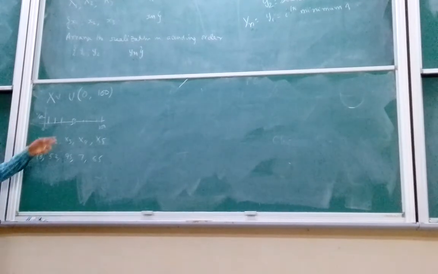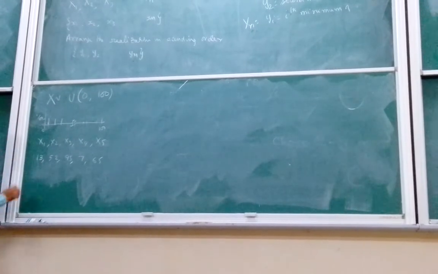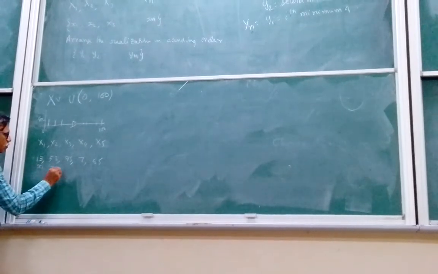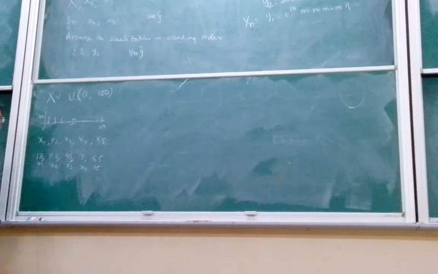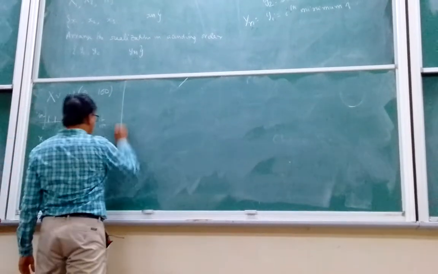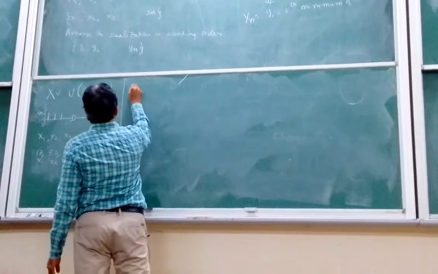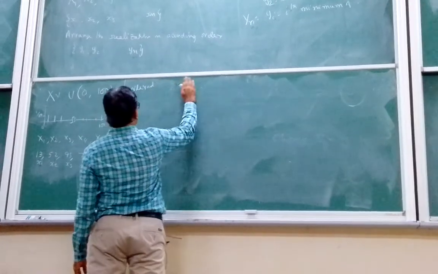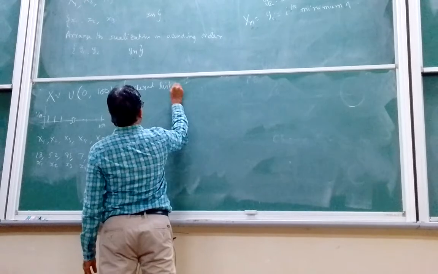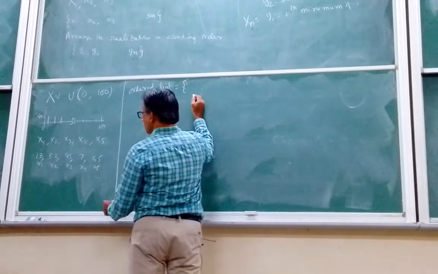These are the realizations: this is x1, this is x2, and so on. Then I order them.